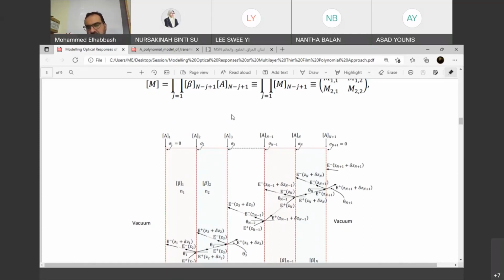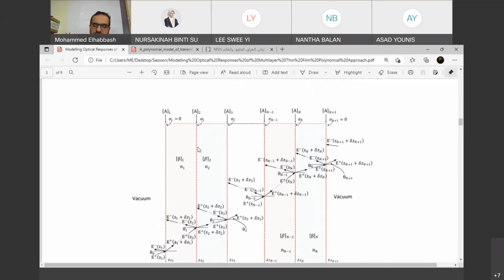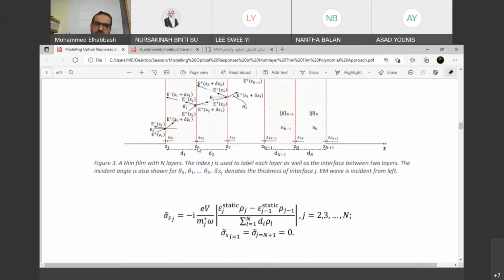Every layer is isolated from the other layer, because we will use a dielectric material, so it will be like capacitors.